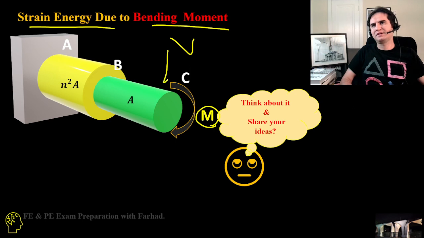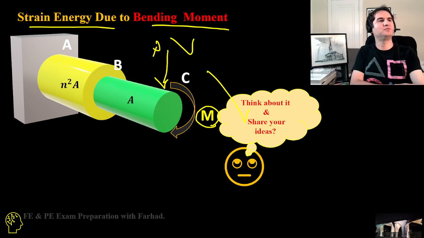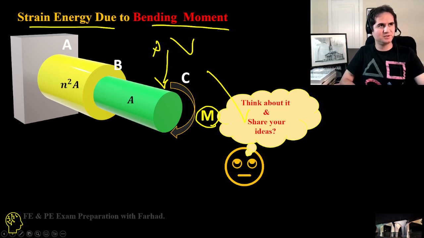So if you have a load P, just think about this condition, and if you have any idea or any interesting discovery or any answer or question, I would be very happy to hear and look at your solution in the comments. Thank you.